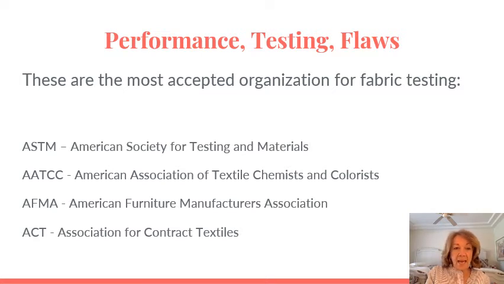And the ACT, Association for Contract Testing, is the organization that oversees contract textiles or commercial textiles, those that are purchased for commercial applications. So like I said, you just need to have somewhat of an understanding that there are organizations that oversee the testing of residential and commercial textiles.